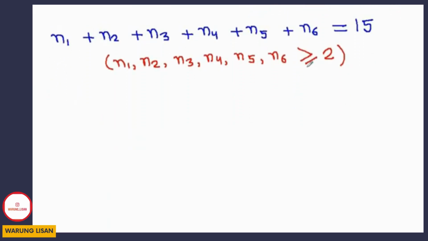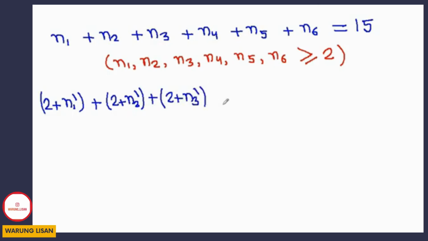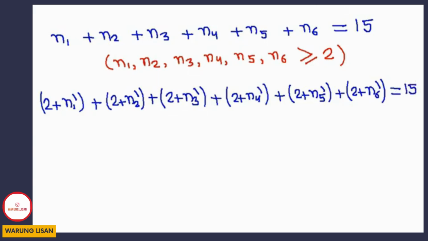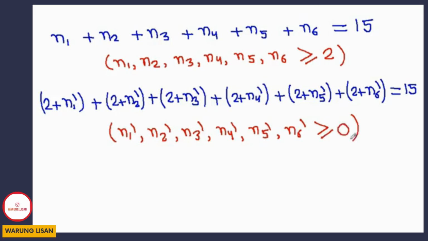here n1 is greater than or equal to 2, so we can write n1 as 2 plus some n1 dash, and similarly n2 can be written as 2 plus n2 dash, n3 can be written as 2 plus n3 dash, and similarly n4 will be 2 plus n4 dash, and n5 will be 2 plus n5 dash, and n6 will be 2 plus n6 dash is equal to 15, and where n1 dash, n2 dash, n3 dash, n4 dash, n5 dash and n6 dash is greater than or equal to 0.